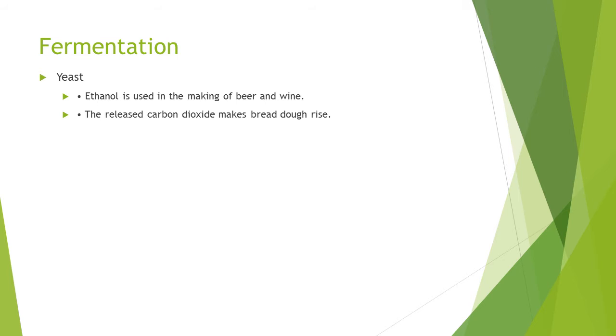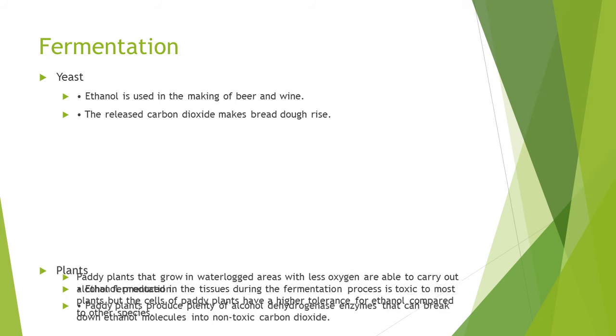For yeast fermentation, ethanol is used in the making of beer and wine. So we use yeast to make beer and wine, and to make the dough rise, right? We use the release of carbon dioxide.